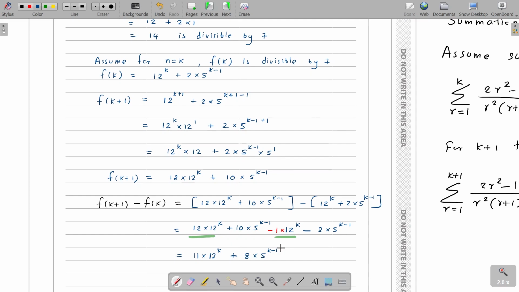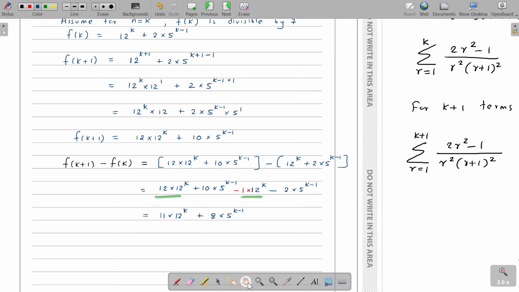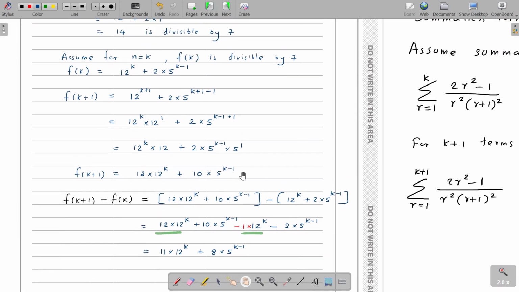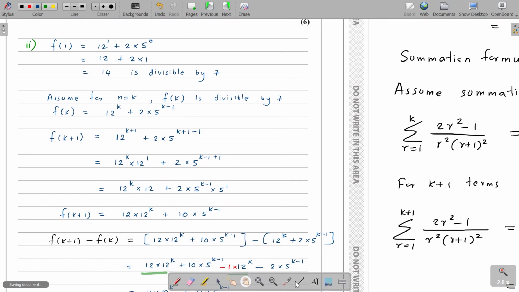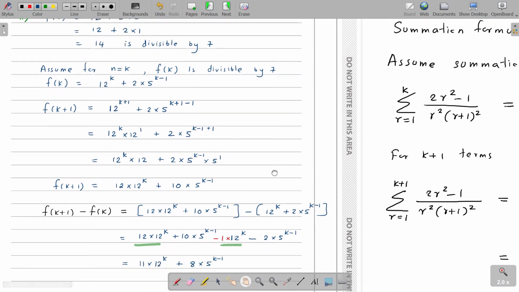So now how can I generate a 7 here? How can I generate a 7 here? Okay, so what we'll do here is, I'm trying to generate a 7 out of this. Normally what we try to do is break these terms.